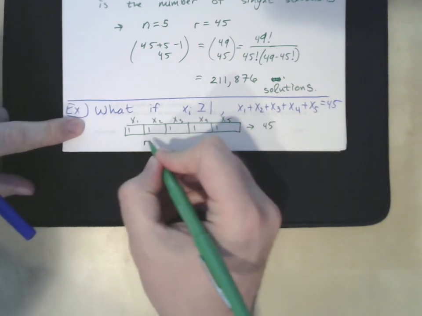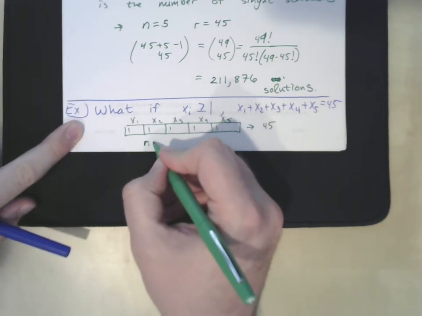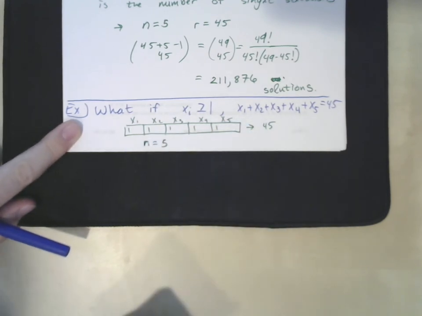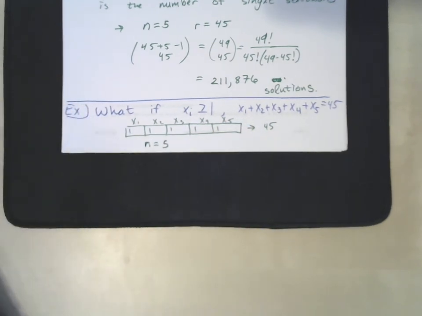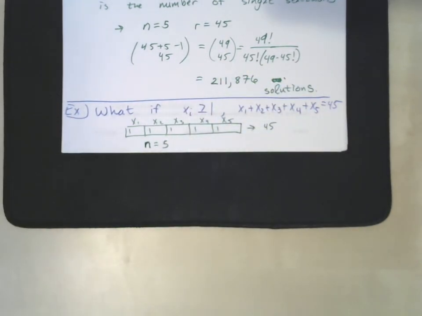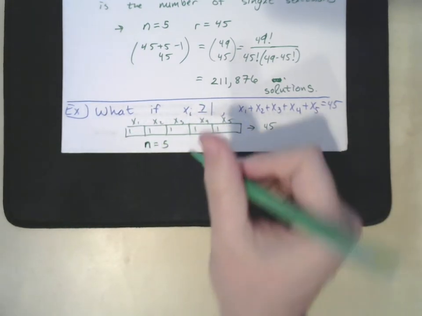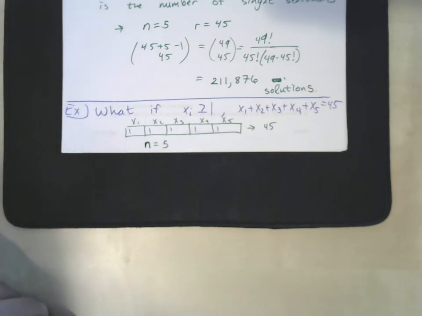Well, we still have 5 choices. Only now, how many total tally marks are we going to place? Because of this new restriction, 5 of those choices have been taken away from us. It's just like the Coke cans all over again.